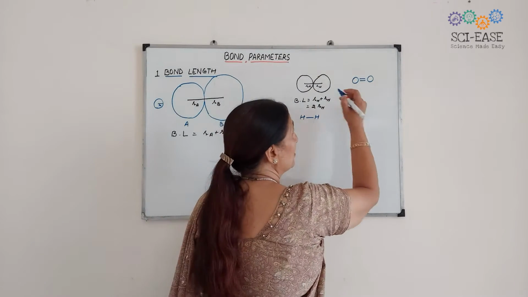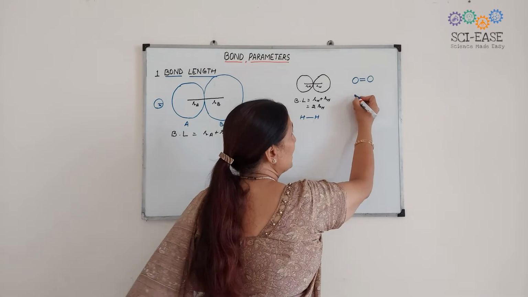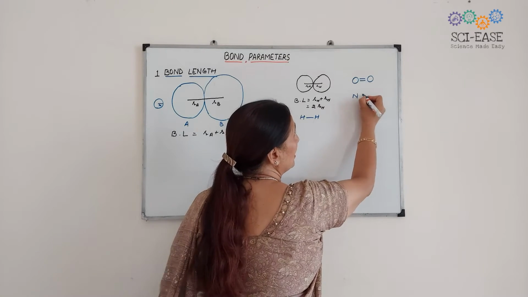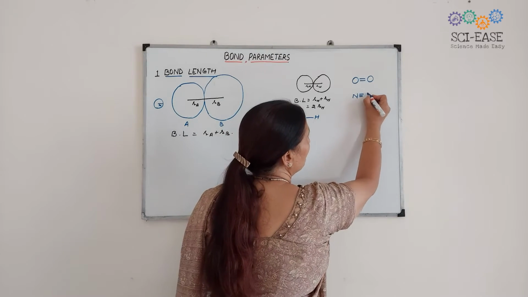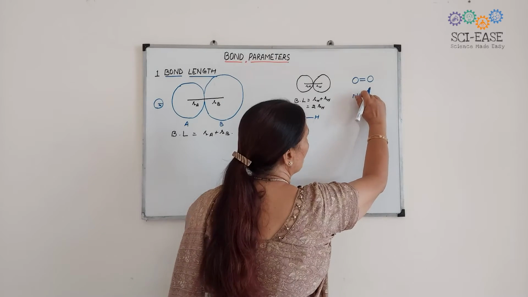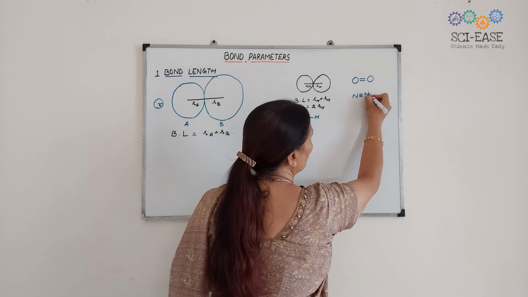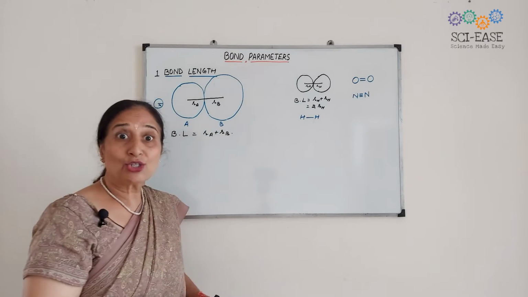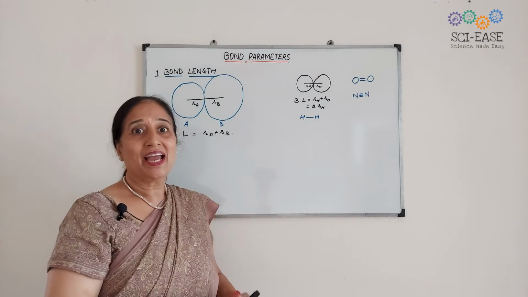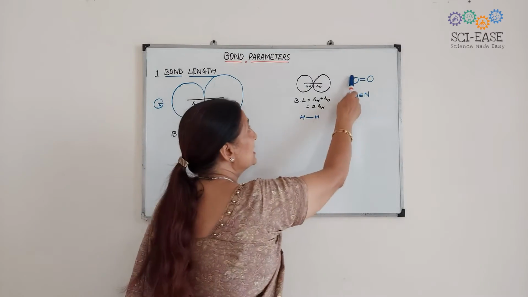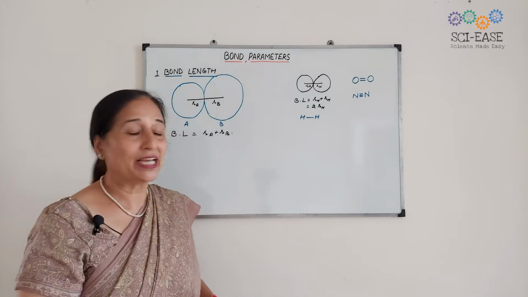Here, they are double bonds. And in the case of nitrogen, there are triple bonds between the two nitrogen atoms. So what is the difference in the bond lengths of these three molecules? I am going to tell you.